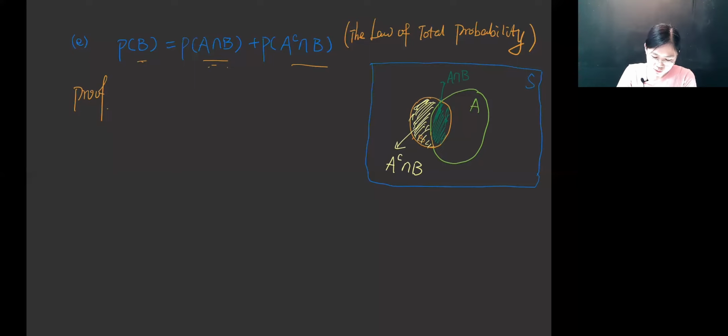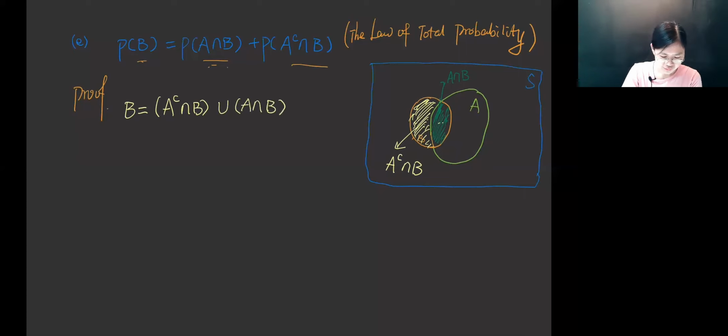So as you can see, the intersection with A partitions B into two disjoint parts. So B is the union of these two disjoint parts. And these two parts, as we said, are disjoint.